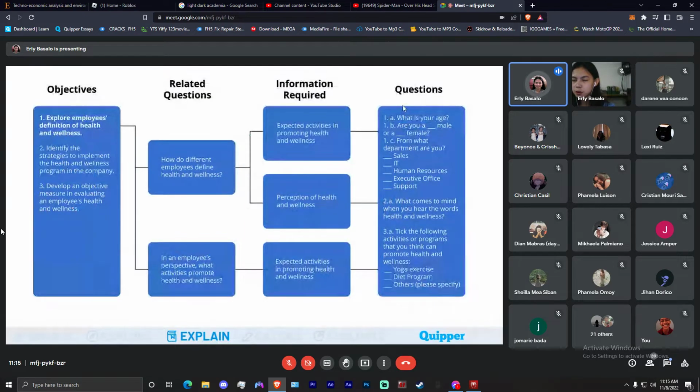For example, we have this example of a survey question. What is your age? Are you a male or a female? From what department are you?